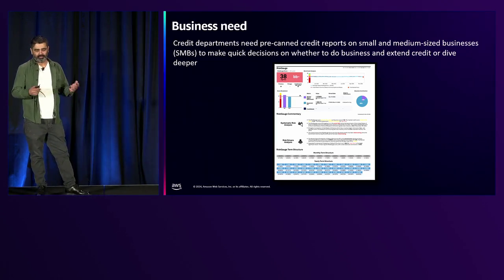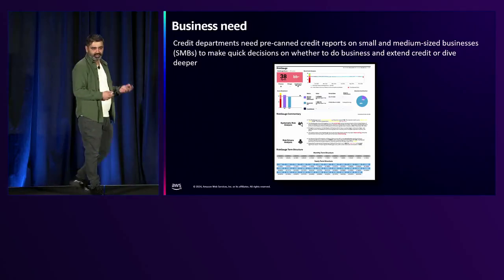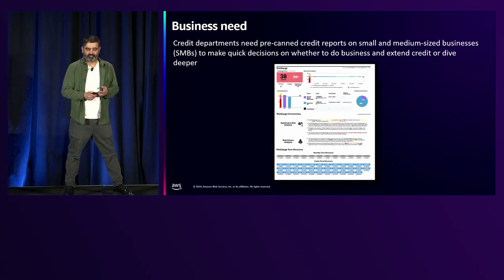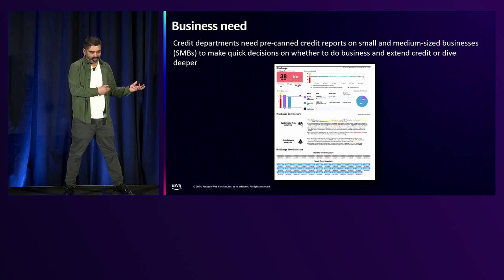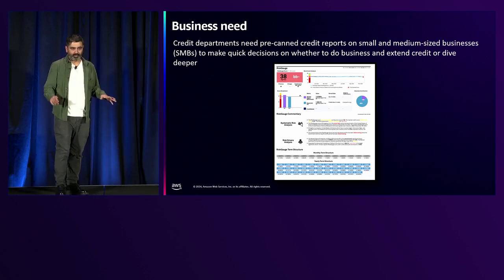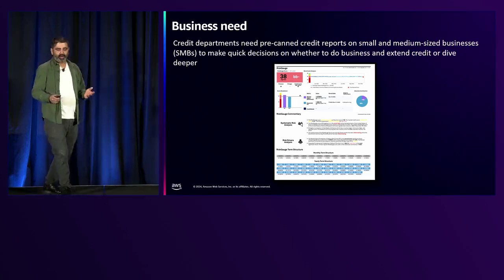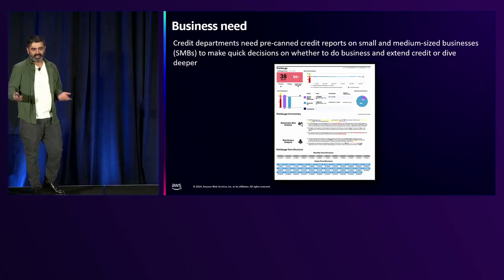They could be less than $1 million in revenue, but some of our customers could have 100,000 of these as suppliers, counterparties, and things like that. In the absence of regulatory financial reports, we have to look at other signals to come up with what we call a risk gauge report, an example of which is shown here, which enables our customers to make quick decisions about doing business with these SMBs.